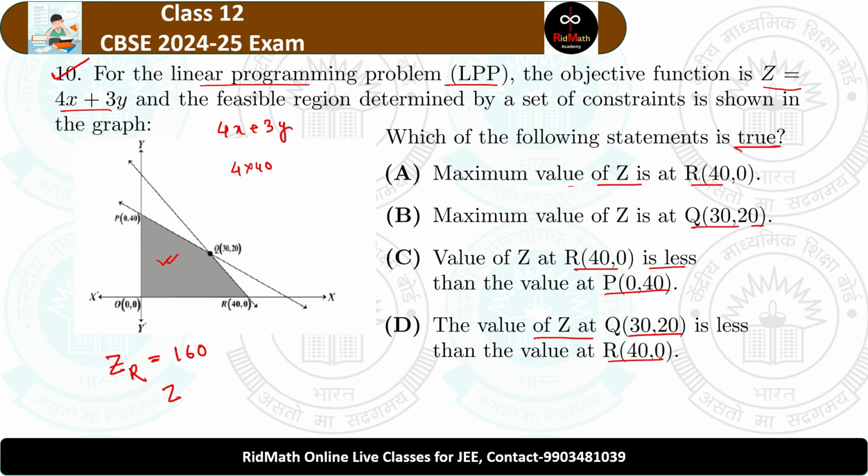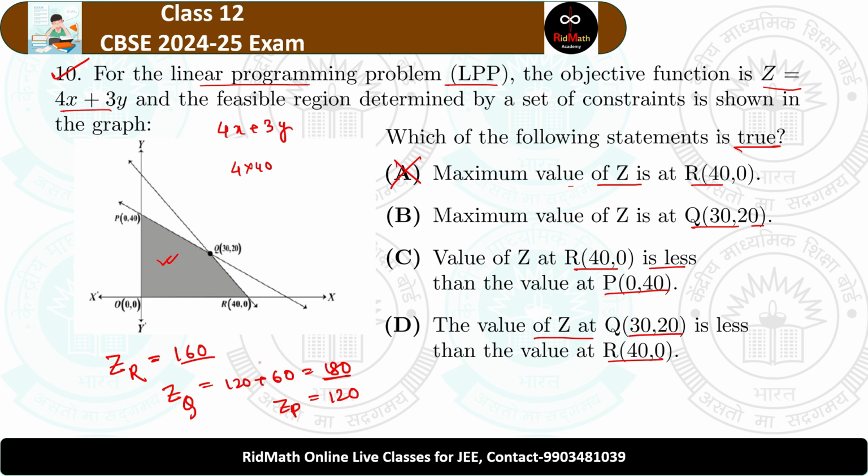And z of Q, this is Q (30, 20), so this is 4 times 30 means 120 plus 60, 180. Okay, z of P, what is P point? (0, 40), this is 120. Okay, so maximum of z is at (40, 0). This is not correct, because this is 160 and z of Q is 180.